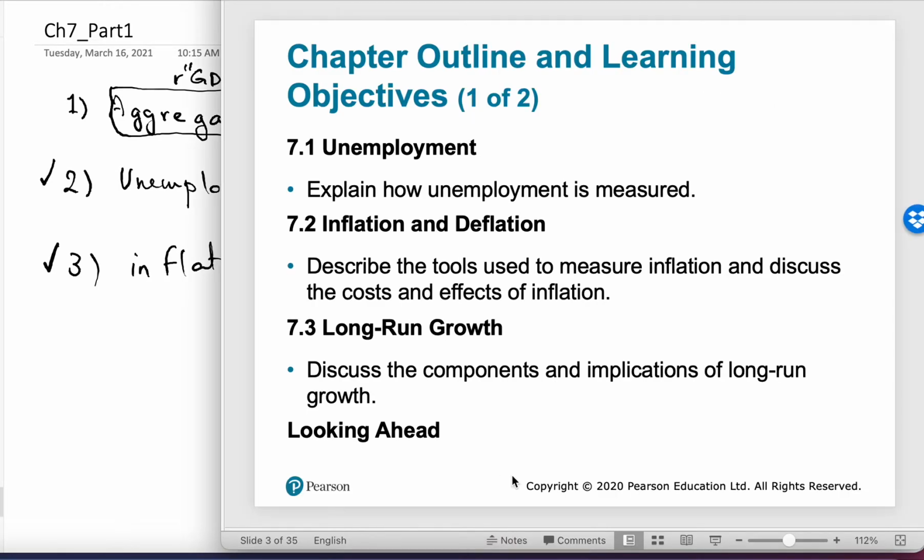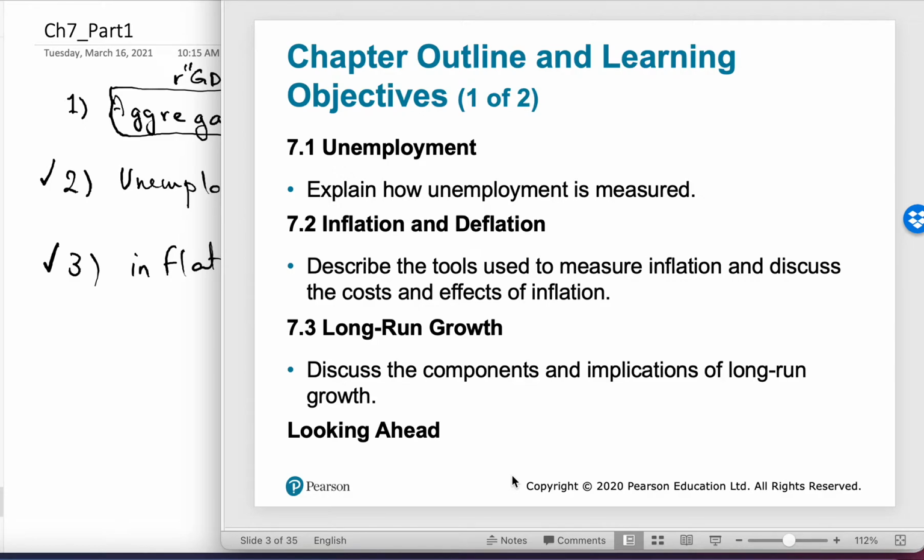So if we have a good understanding of output growth, unemployment rate, and inflation rate, we are able to judge the performance of the economy, and then we might be in the position of explaining why negative growth in economy or recession, or a very fast growing economy with inflation.